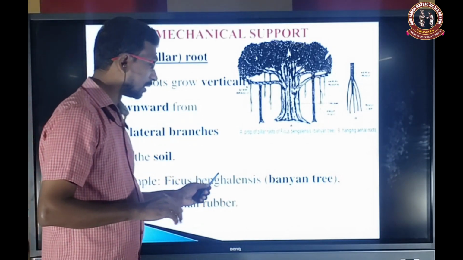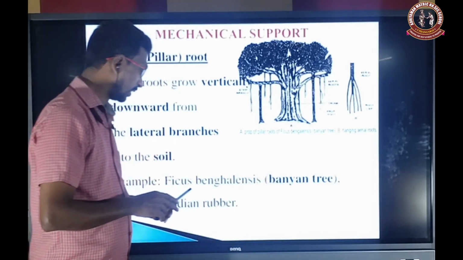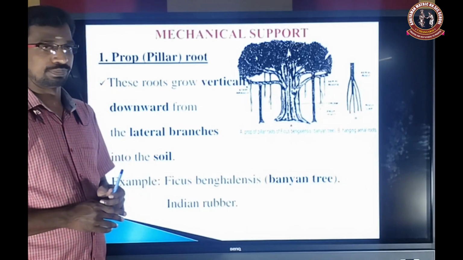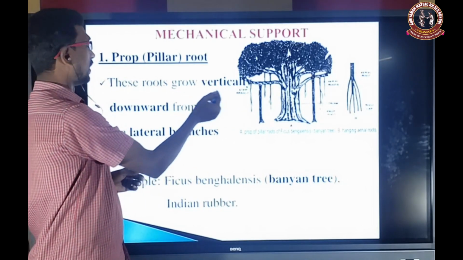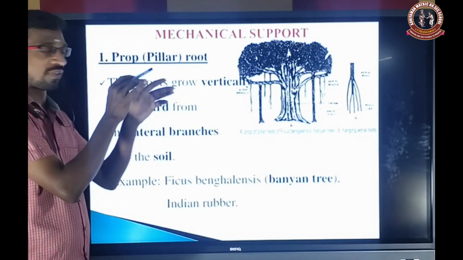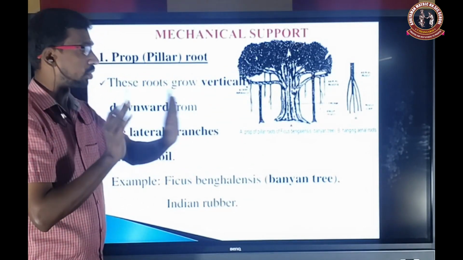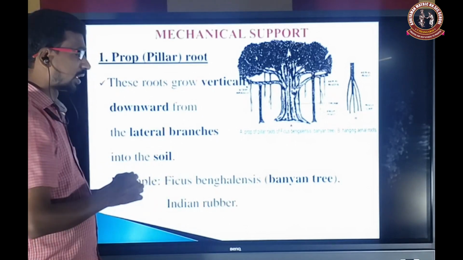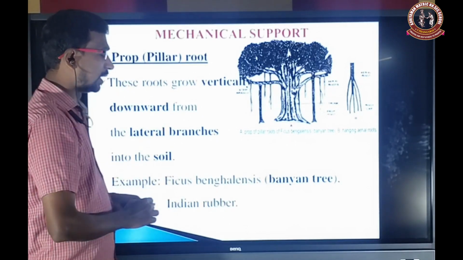Example, Ficus benghalensis, that is the banyan tree, and Indian rubber tree. Once again, they grow vertically downwards and are formed from the lateral branches into the soil.